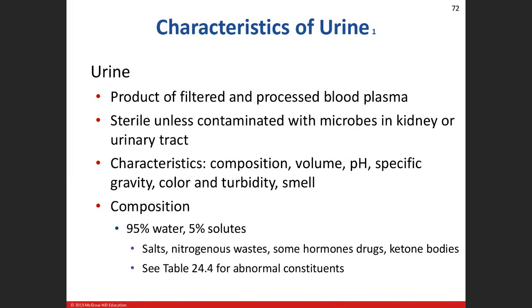But basically, we can assume that anything that we find in the urine was filtered, and then it was possibly resorbed and secreted. So anything that was once in your blood that got filtered out gives us a pretty good idea of what's going on with the blood plasma.